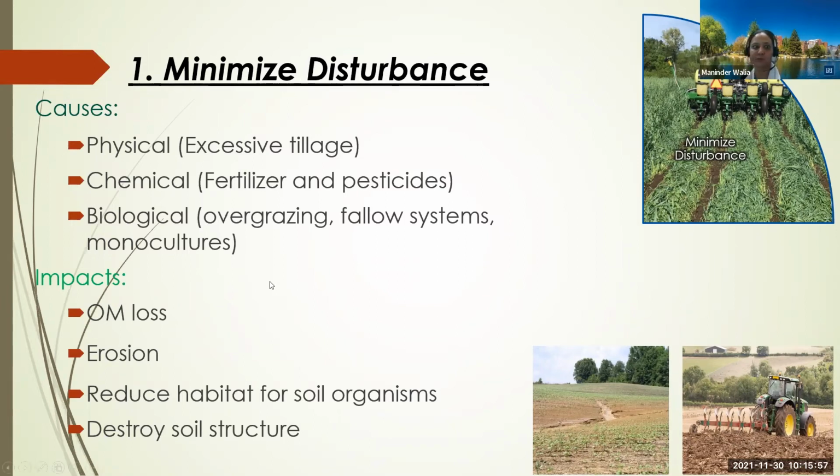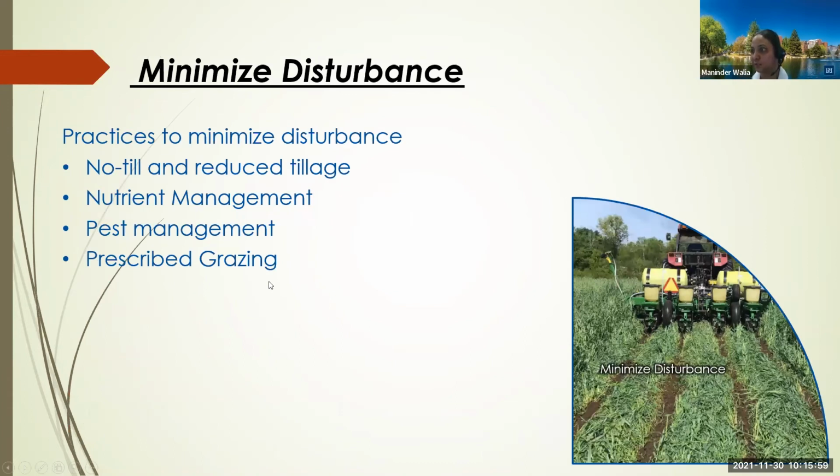So we have to follow practices to reduce the disturbance and improve the soil health. The practices that we can follow to minimize the disturbance, as you can see, no tillage or reduced tillage is the top one. It's a way of growing crops without disturbing the soil through tillage, or reducing the tillage practices, so that we can keep some of the residues on top and reduce the organic matter decomposition, which mostly happens with increasing tillage on a piece of land.